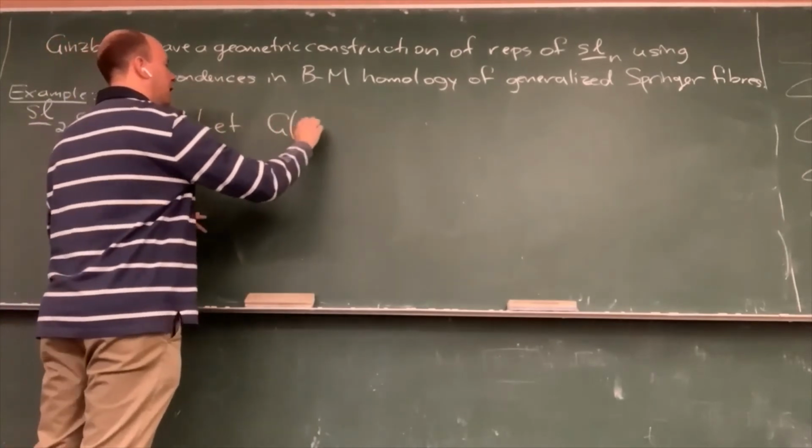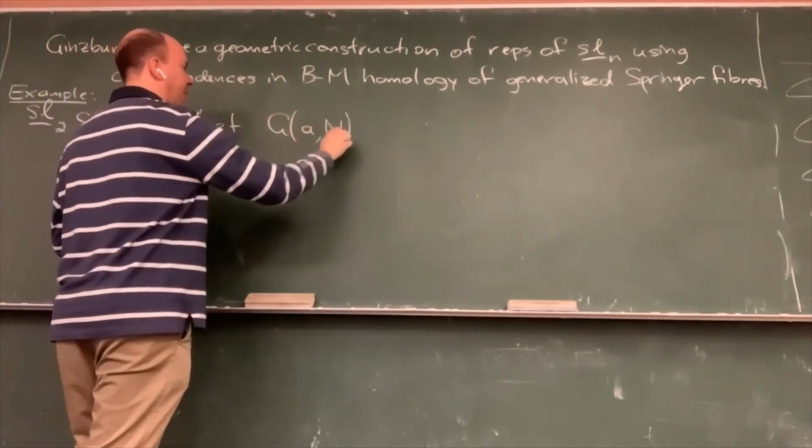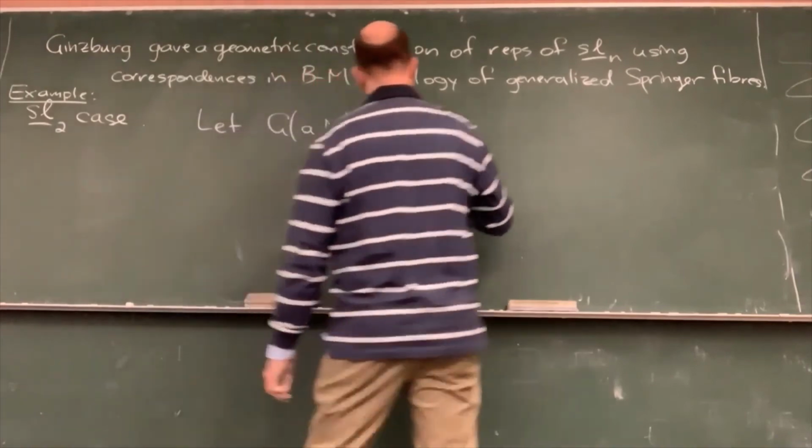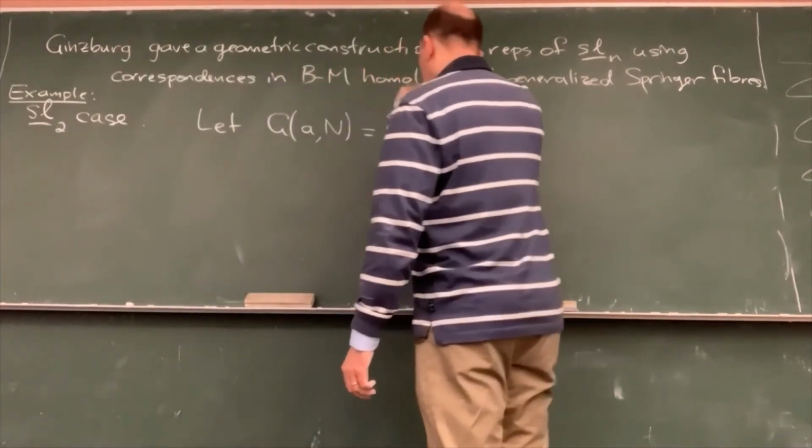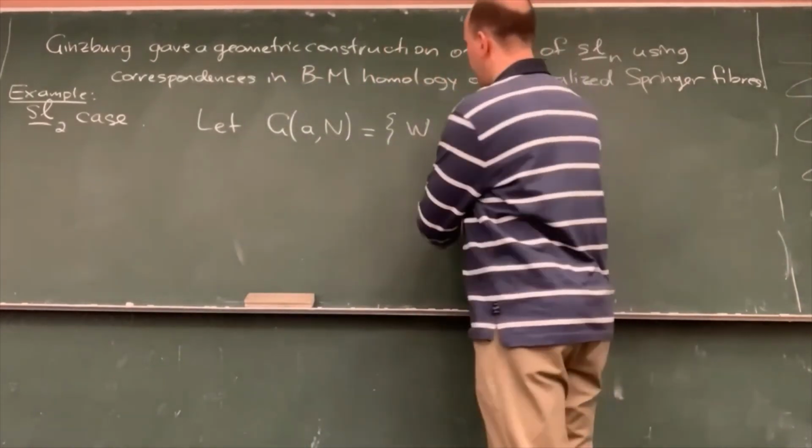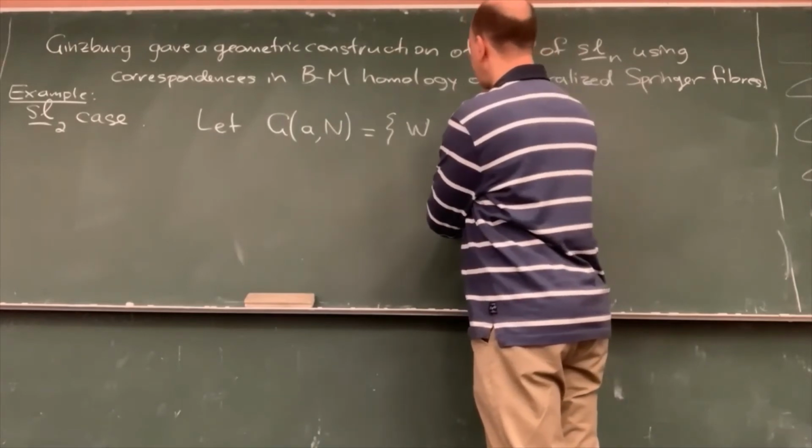So remember the notation that G(a,N) means the Grassmannian variety, whose points are a-dimensional subspaces of an n-dimensional space.